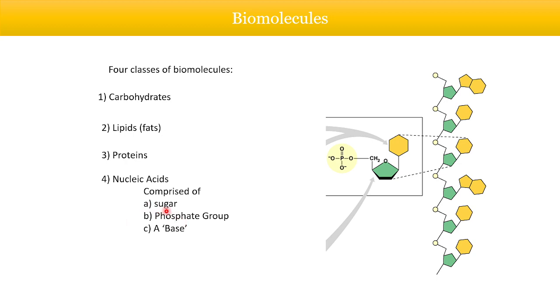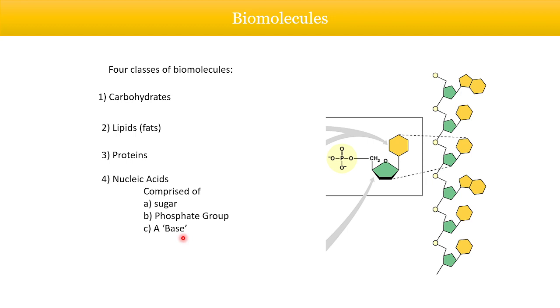Mostly they have the sugar, which is your ribose sugar, and the phosphate group is attached to it, followed by a base. These bases are of four types, and what the types are I will be discussing later. So the main composition of these nucleic acids includes your sugar, phosphate group, and a base. These are called the nitrogenous bases.